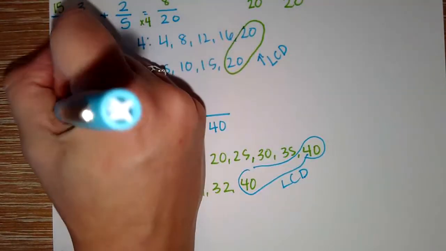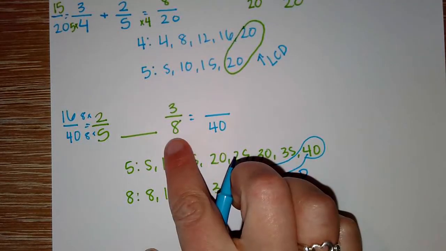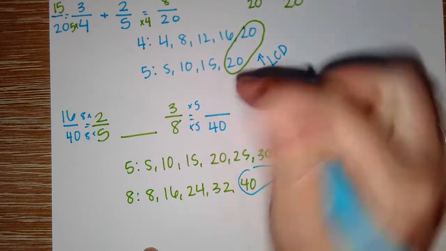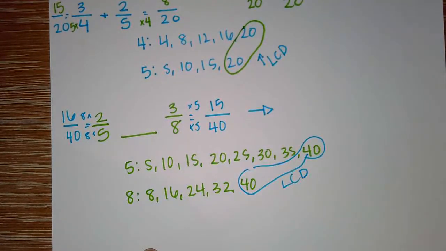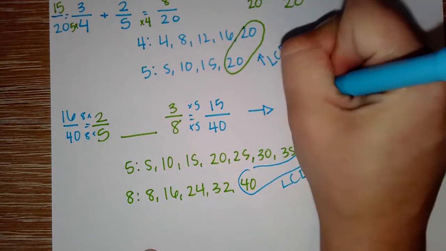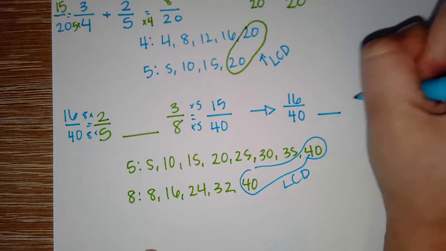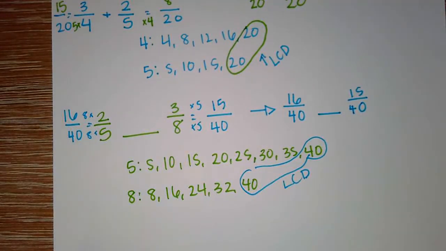So I multiply 2 times 5 to get 10, and then here I multiply 3 by 5. 3 times 5 is 15. So my new fractions, they have the same value, but they are just cut into more pieces. We have 15 40ths and 16 40ths.